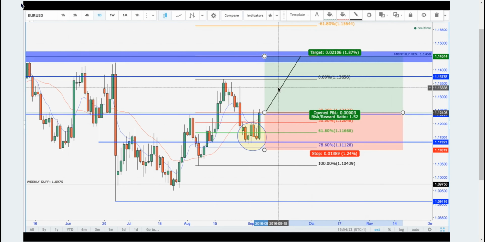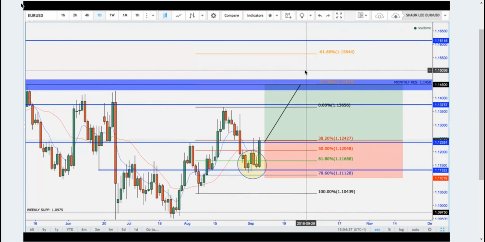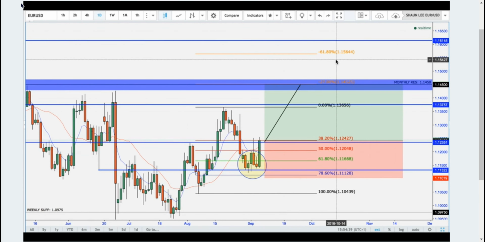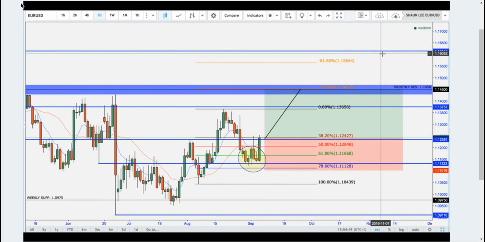Now, this would be a good trade to leave on, have faith in the analysis, and then just take a step back, because again, the daily time frame using fibs, we can in fact see some choppy action perhaps before it actually gets to its target. Our secondary target, the minus 61.8, i.e. the 161.8 extension level, is coming in at 1.1564, which is shy of our daily resistance.